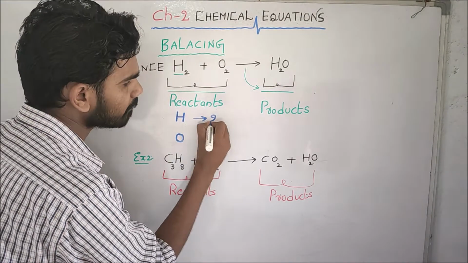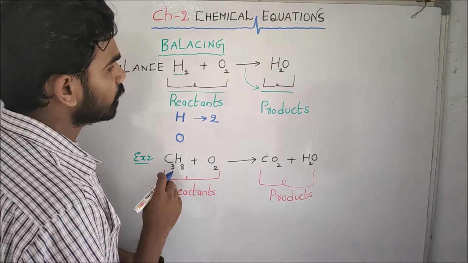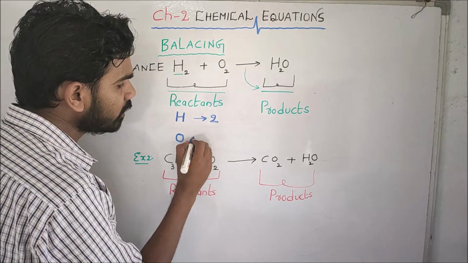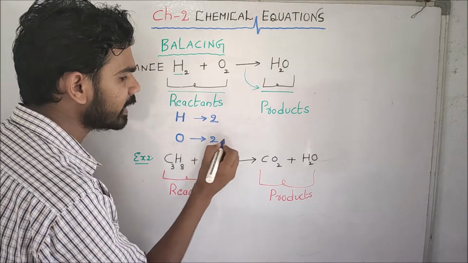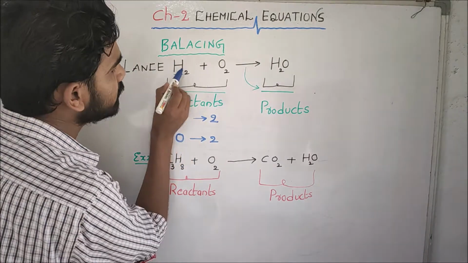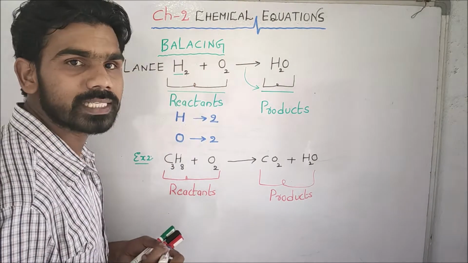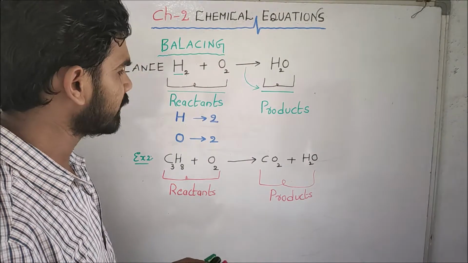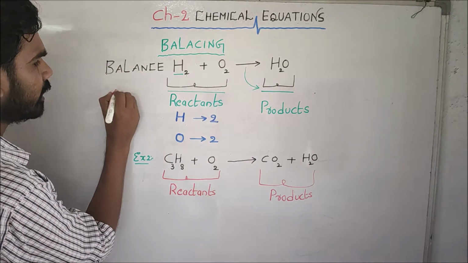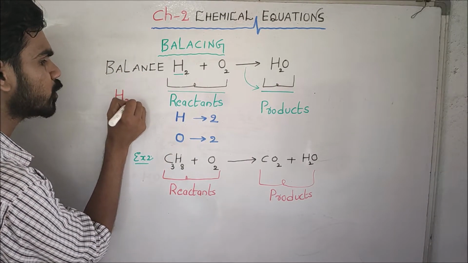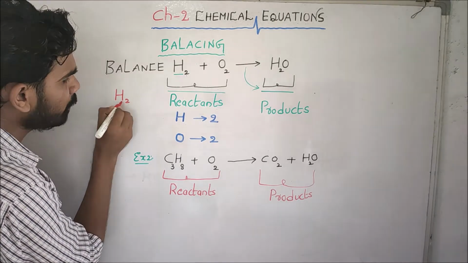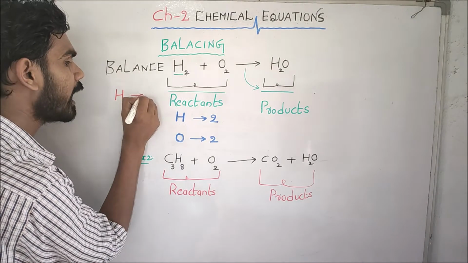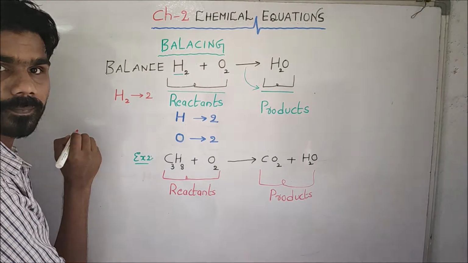Now you see, on the reactant side, how many hydrogens are there? 2 are there. How many oxygens are there? 2 are there. See, 2 hydrogens, 2 oxygens. If it is written like this, H2, the 2 belongs to this atom, so hydrogens are 2.